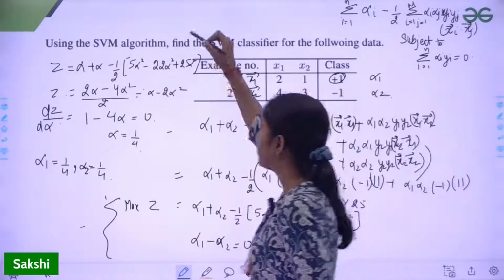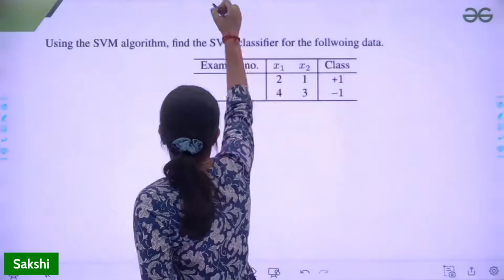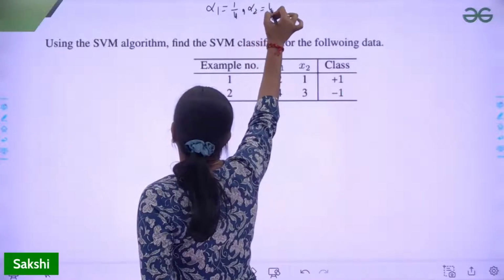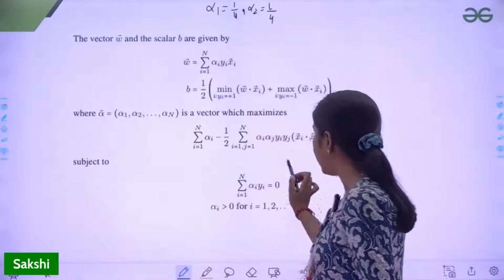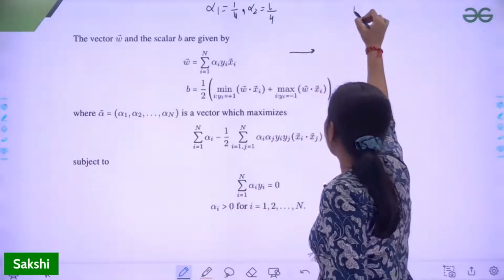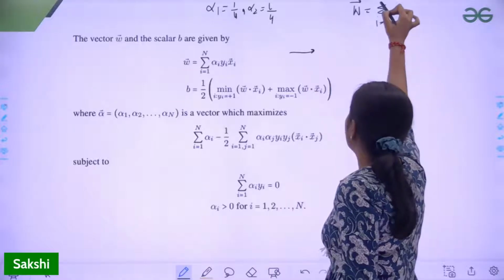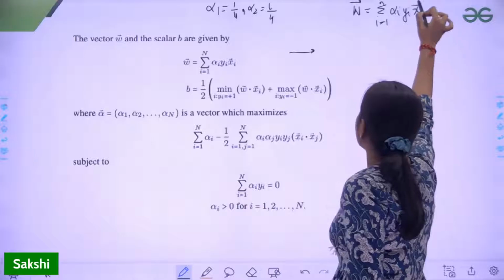So we get from here the values of alpha 1 is 1 by 4 and alpha 2 is 1 by 4. Now the problem reduces to finding w and b. So w is the summation, i varying from 1 to n, of alpha i, yi and xi vector.